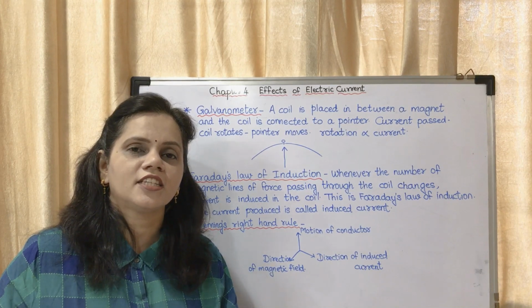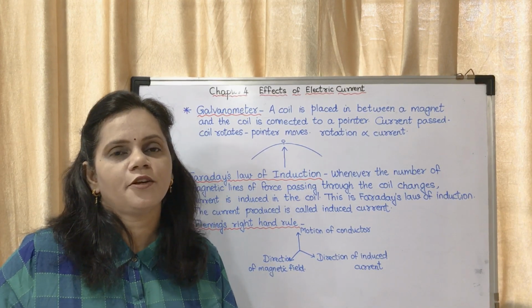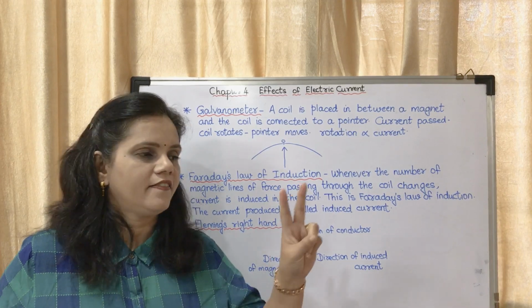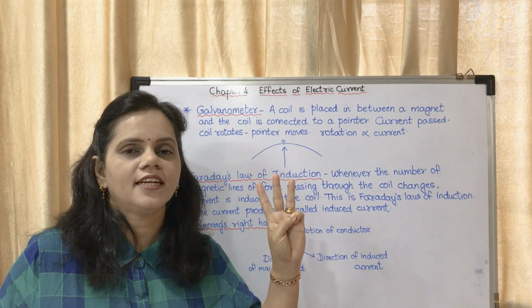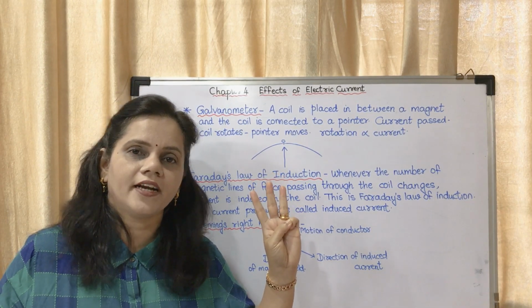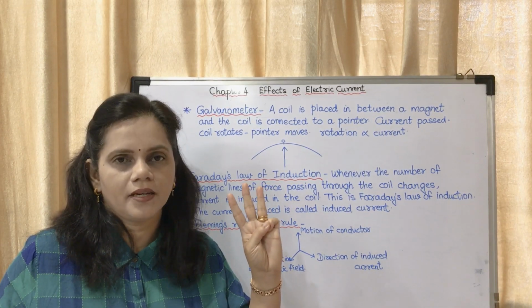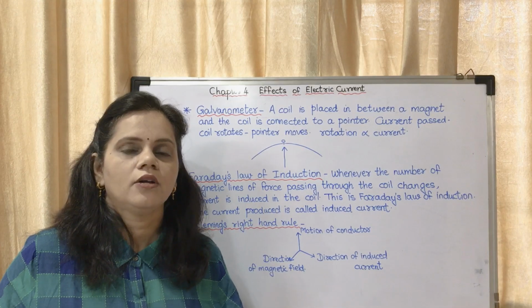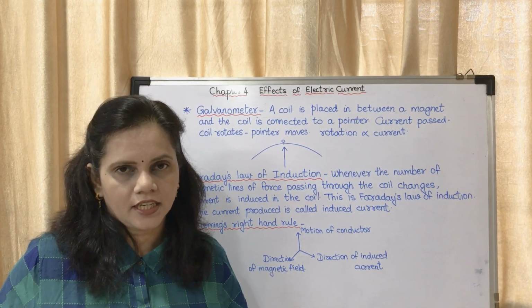An induction motor or electric generator works based on three things: one is motion of conductor, second is magnetic field, and third is current. These are the basic things. Based on this, the electric motor works and the electric generator works.